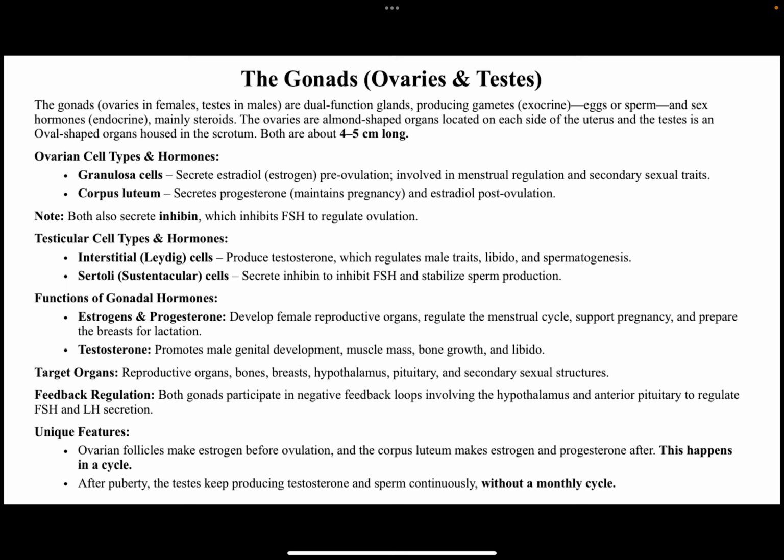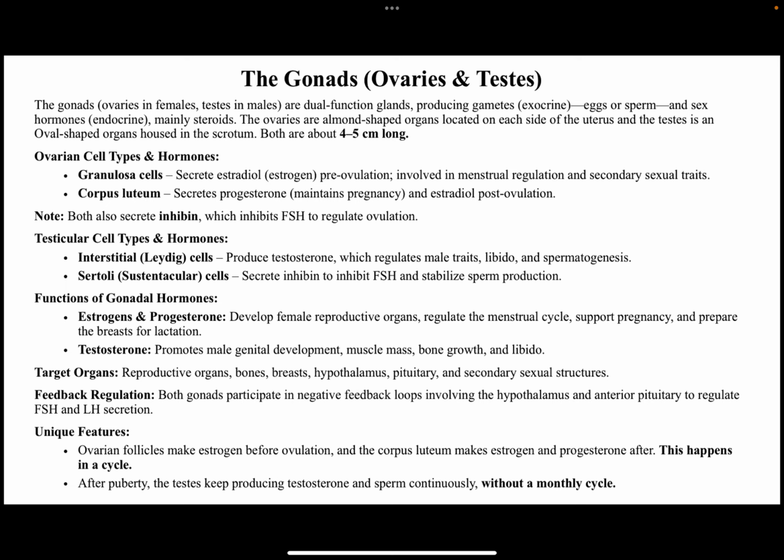They are also responsible for regulating the menstrual cycle, they play a role in supporting pregnancy, and they prepare the breast for lactation. Testosterone promotes male genital organ development. It contributes to muscle mass development, bone growth, and libido.